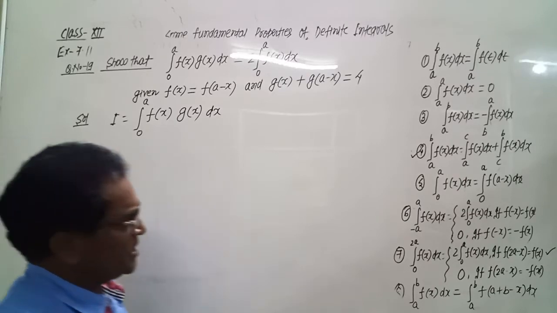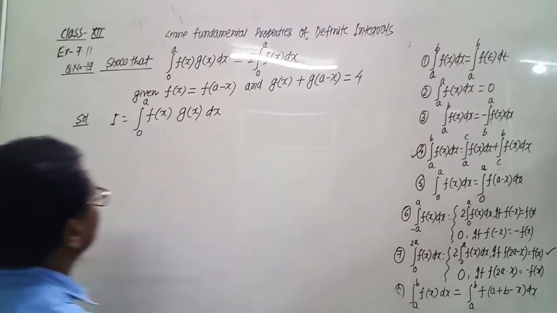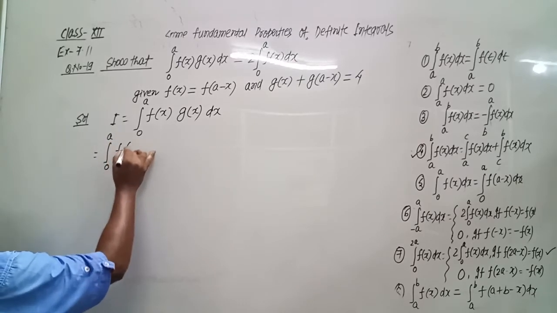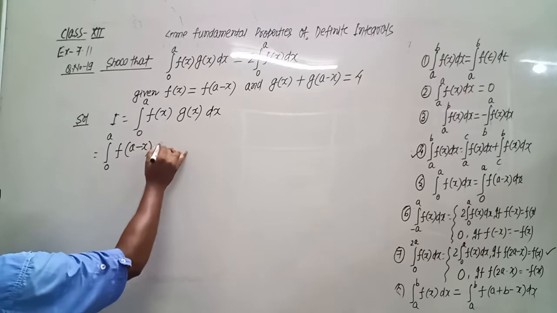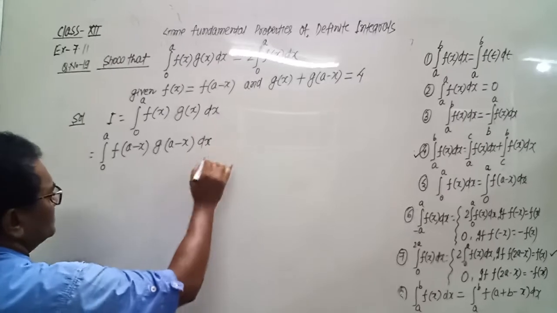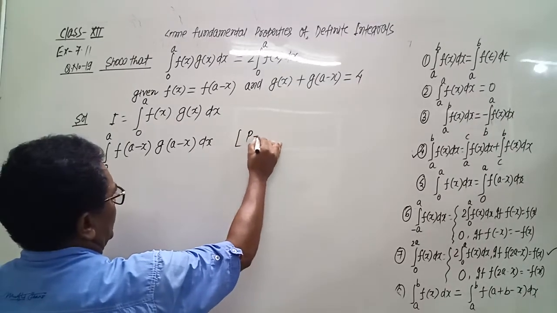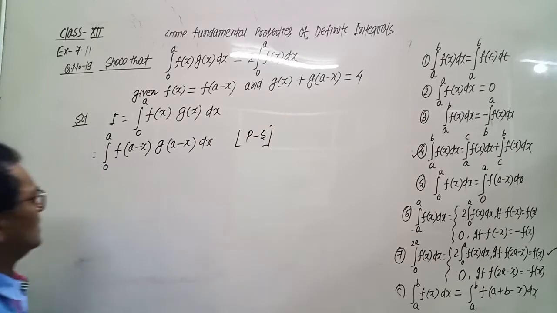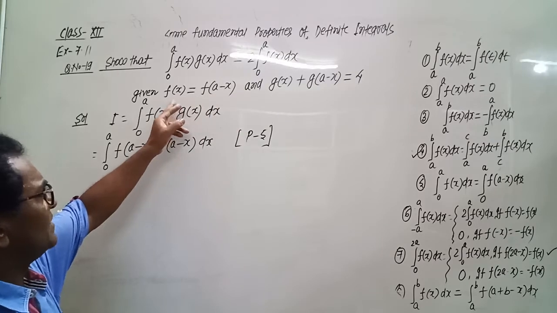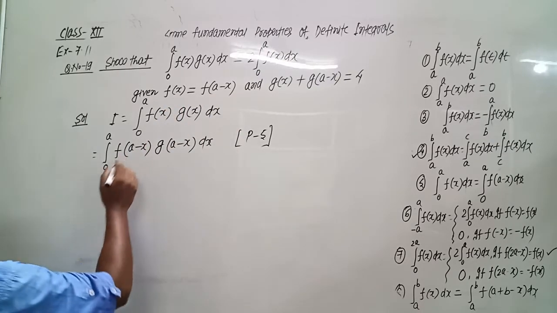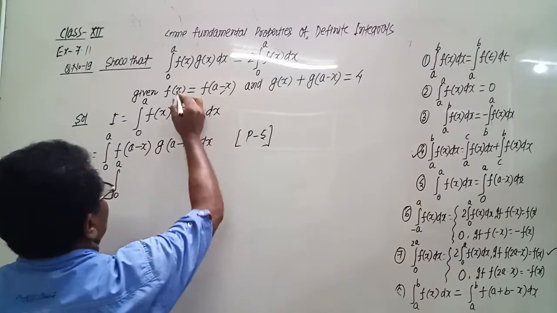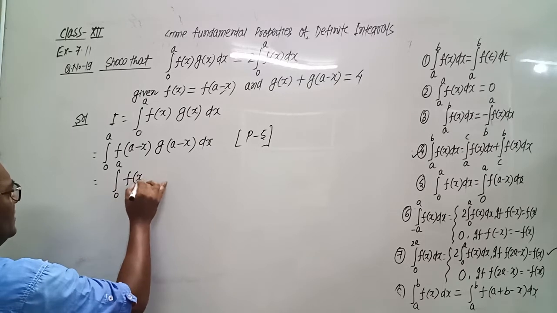We use property number 5. So we will write integration 0 to a of f(a minus x) and g(a minus x) dx, by using property number 5. Now the value of f(a minus x) is given as f(x), so we write f(x).